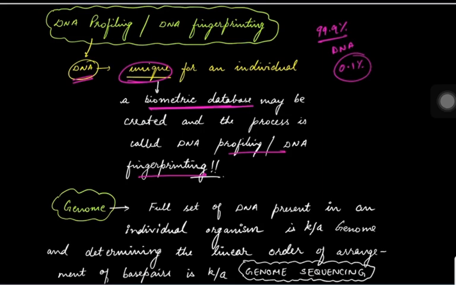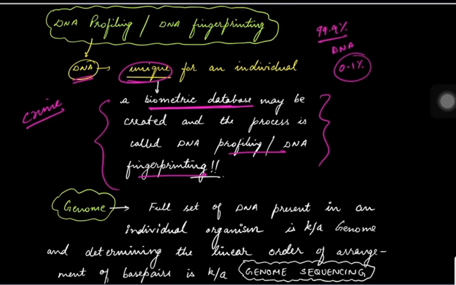Alright, so this process of creation of a DNA database or biometric DNA database is basically known as DNA profiling or DNA fingerprinting. It is very important in various circumstances. For example, at a crime scene, you can very easily retrieve the DNA of the person who has committed the crime, and from the suspects you can match the DNA, and then you can conclude who is the culprit behind the crime.